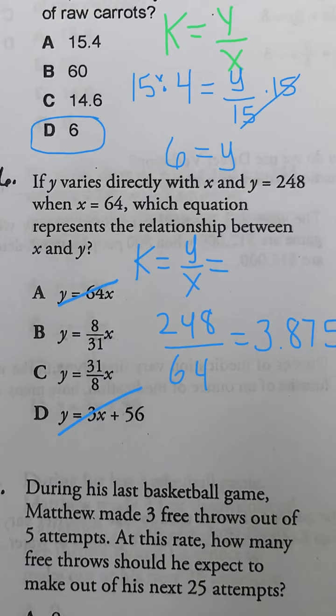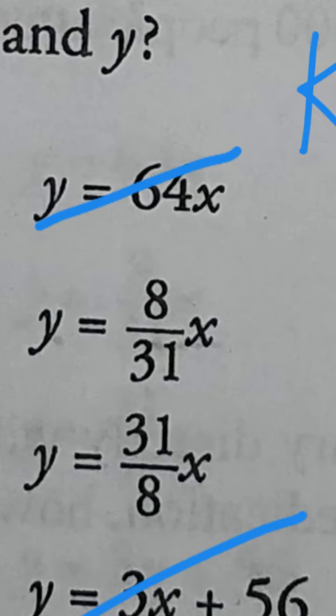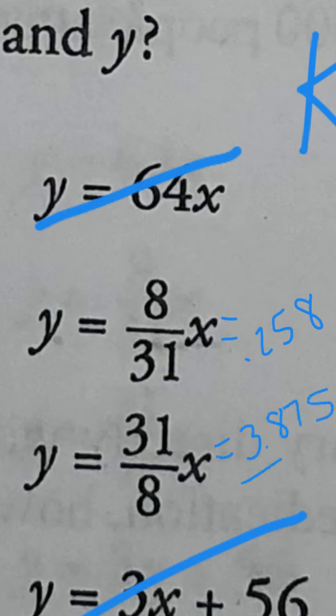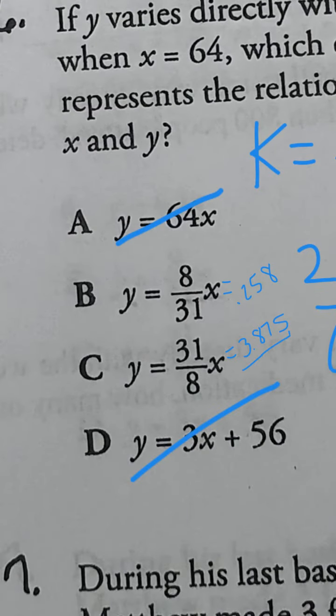So I'm actually going to do it on the calculator, and 8 divided by 31 is 0.258. And then 31 divided by 8 is 3.875. So what do you think is going to be my answer? C.